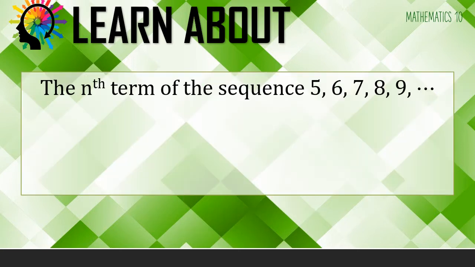In our example, we have 5, 6, 7, 8, 9. The first term is 5, the second term is 6, the third term is 7, the fourth term is 8, the fifth term is 9. But what if I asked you to identify the 100th term of this sequence? It's really hard for us, right? So we need the idea of the nth term, or what we call the general term of the sequence.